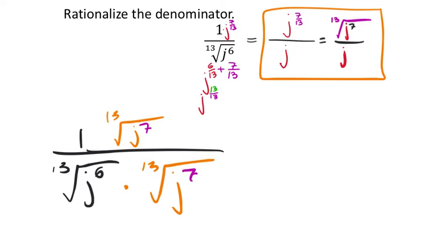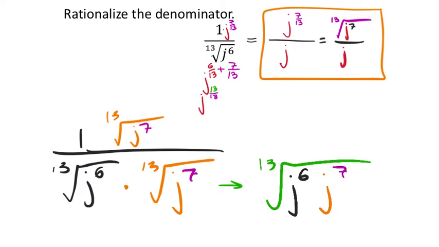So how does this stuff become just an individual j? Well, in the bottom there, now that I have matching indexes, what I can do is just make it one individual index of the 13th root of j to the power of 6 times j to the power of 7. And there we can see that we can add those exponents together. So it ends up being the 13th root of j to the power of 6 plus 7, which is 13, right? Because we're adding those exponents. So the 13th root of a 13 exponent gives us just that regular j to the power of 1.